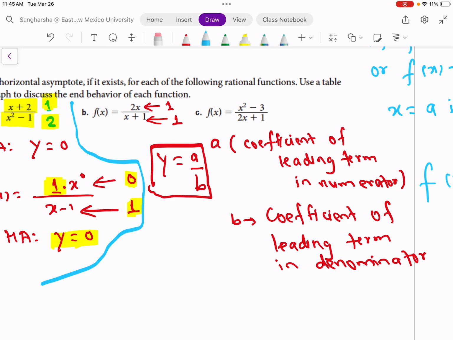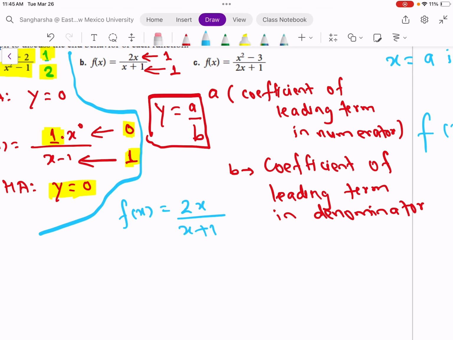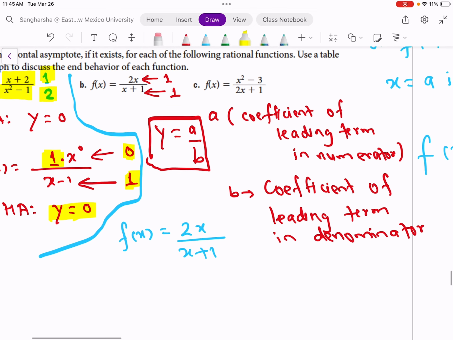Okay, so let me write this function b. We have f of x equals 2x over x plus 1. Now in the numerator, what is the term with the highest degree? We only have one term, right? So what is this coefficient? 2. So this is the leading term.